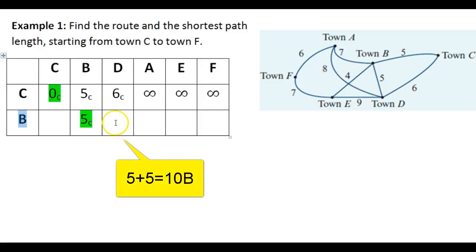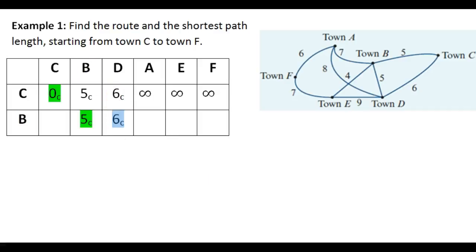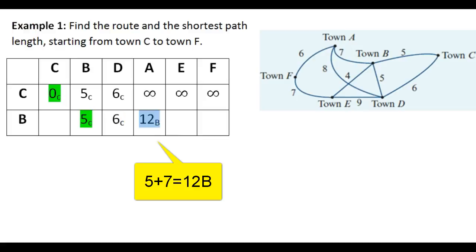Now that's 10 via B. If I look above, the 6 is better, so it goes into our table because we always choose the smaller value on comparison. Now can we get from B to A? Yes, we can. So that's an additional 7. So 5 plus 7 is 12. And so now we use the subscript B to show that we came via B. 12 is obviously better than infinity.